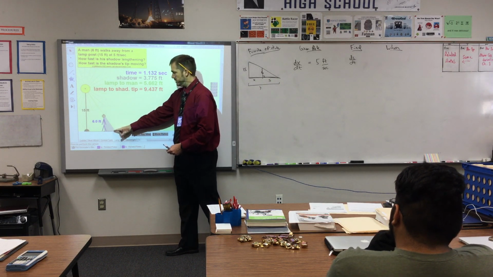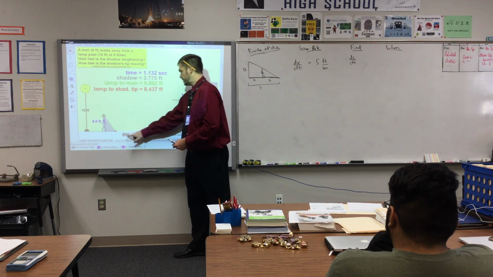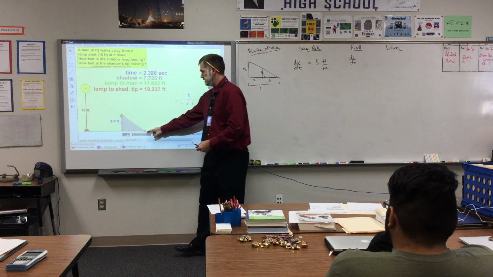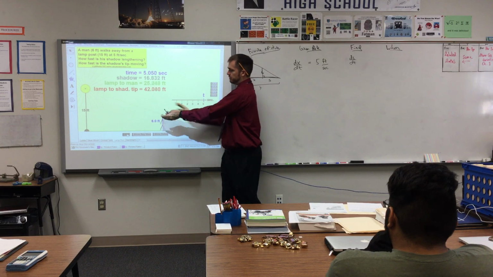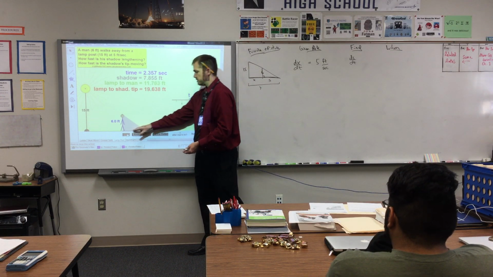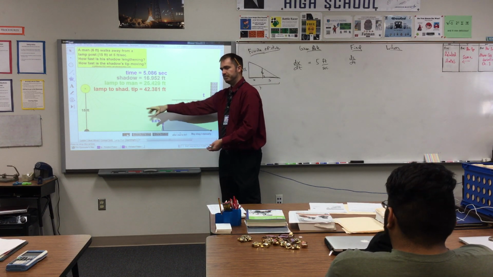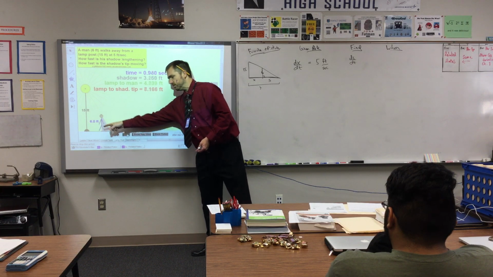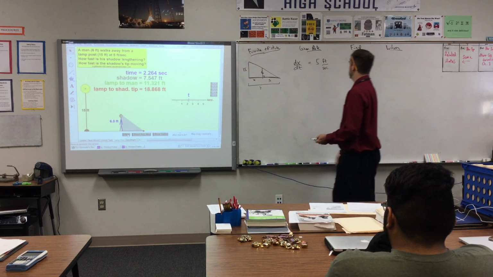We're talking about how fast it's moving, how fast is it from that spot right there? I'll go ahead and show you guys if you start to walk. There it is. We're figuring out how fast is that moving, far away from the lamppost. Not necessarily how quickly it is moving away from him. That's ds over dt. But how fast is that tip moving away from the lamppost? So that's y.